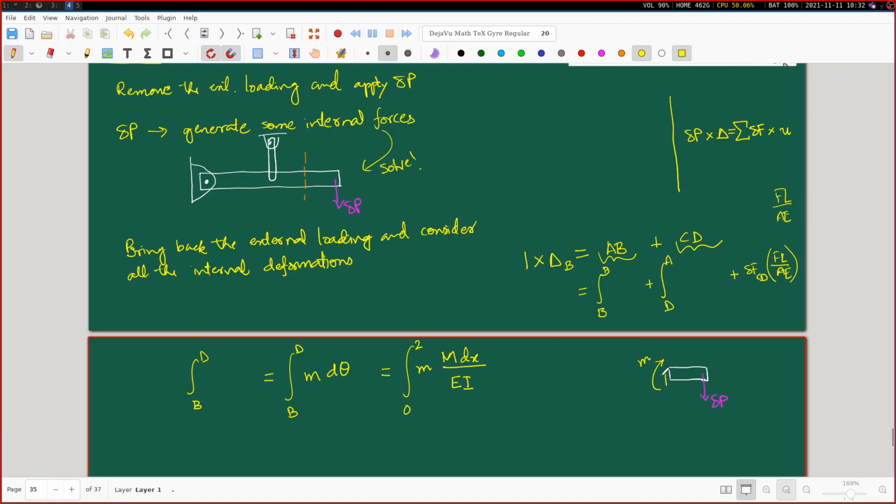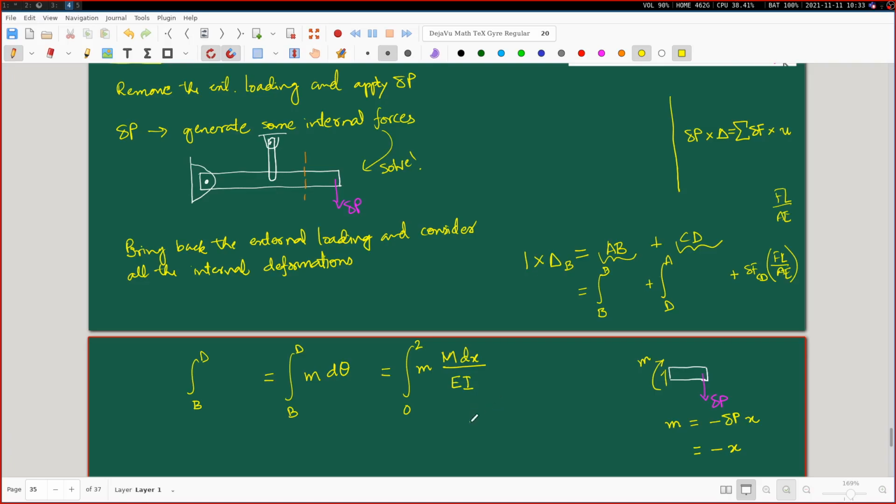There will be some shear force also, but we are not interested in that. So what is this m? Sir, m equals to minus delta P x. Right. m equal to minus delta P x. So for actual calculation, this is just minus x, because delta P is equal to 1 kilonewton.